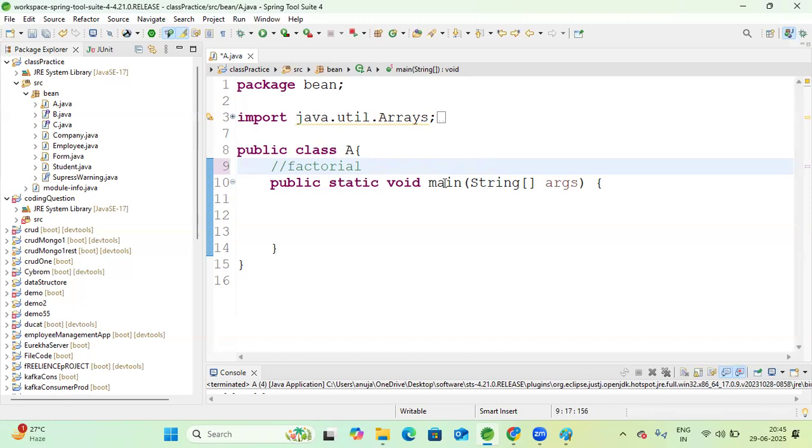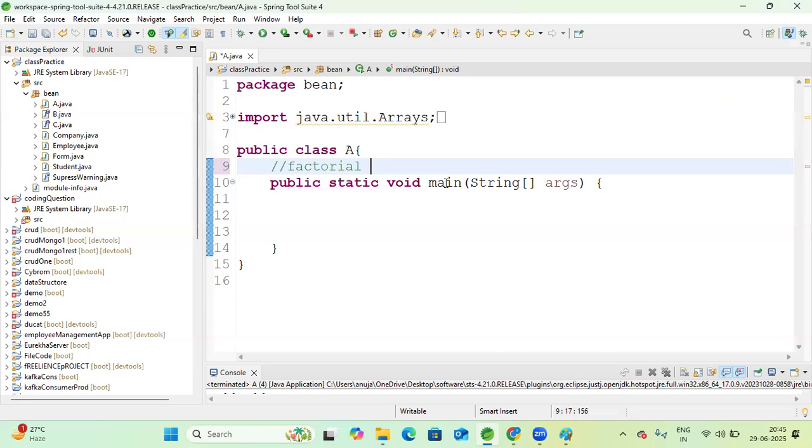So this is a factorial. To find it, it is very simple: use a for loop, iterate, create a variable factorial, and multiply the factorial with i. So you will get the factorial of the given number.